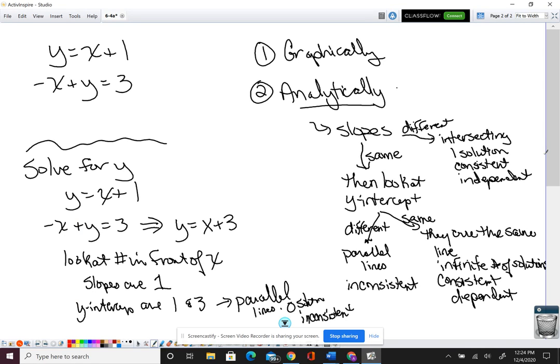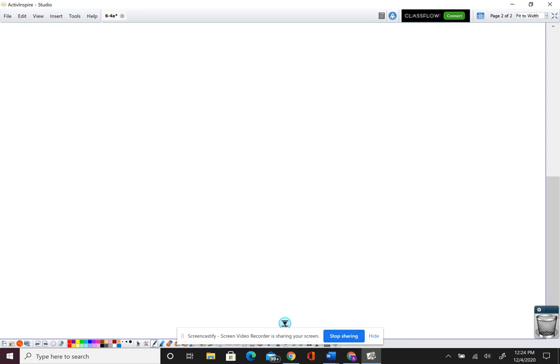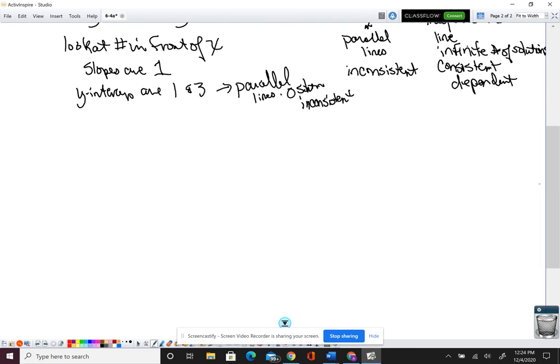Okay, so let's look at another couple examples here. Okay, just want to make sure my writing didn't go away. So if I have this equation, negative y equals 4x minus 1 and 4x plus y equals 2. I'm going to first solve this for y.